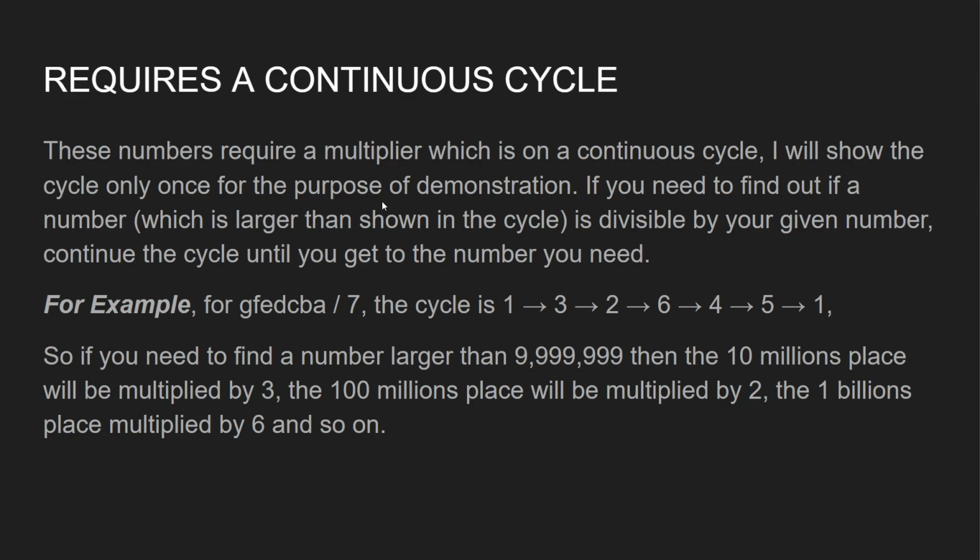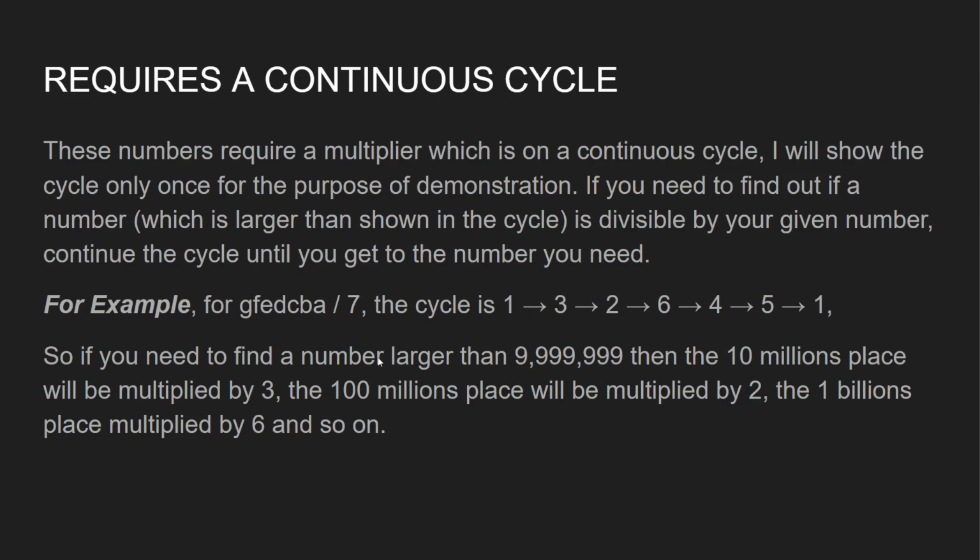So for the cycle of GFEDCBA divided by 7, the cycle is, spoiler alert, but I'll say it anyway: 1, then 3, then 2, then 6, then 4, then 5, then 1. If you had a number 10 times larger, you would go to 3. If it's 100 times larger, you go to 2, and you just keep going in the cycle: 1, 3, 2, 6, 4, 5, 1.